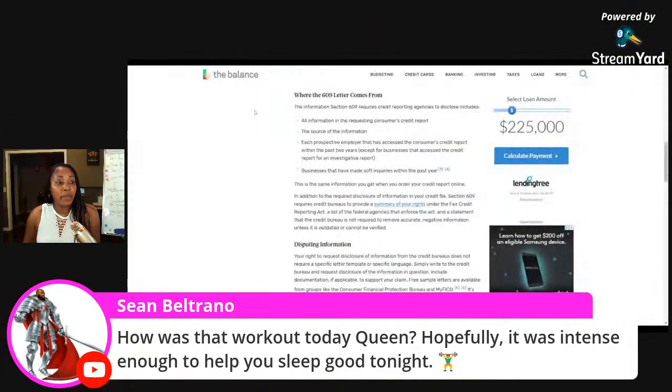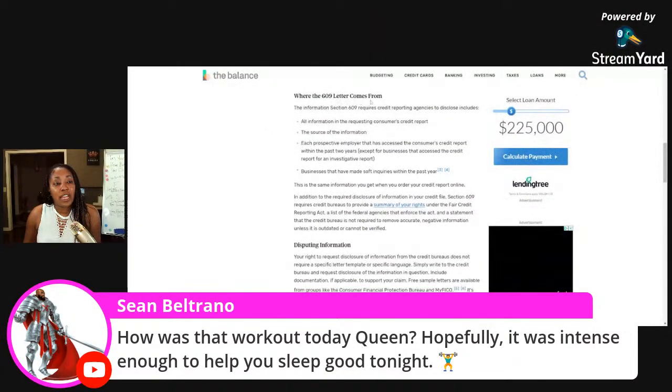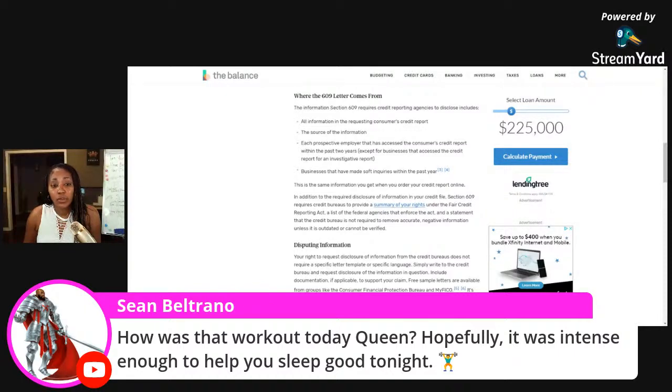This is an article from The Balance. Where does the 609 letter come from? The information in 609 that requires credit reporting agencies to disclose includes all information in the requesting consumer's credit report, the source of the information, and who reported it. That's usually always included in your credit report, what account, who reported.